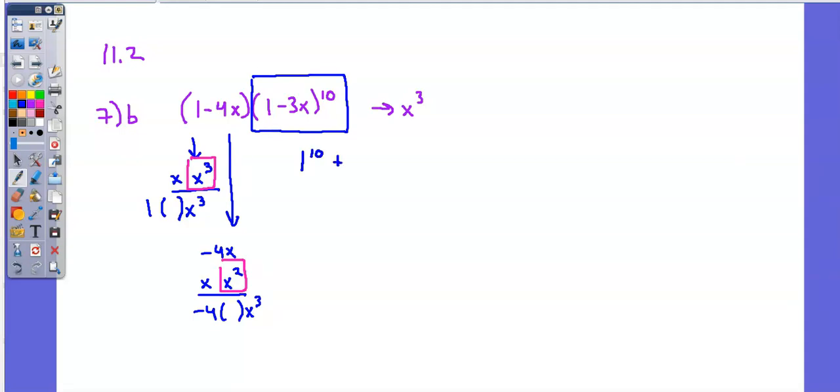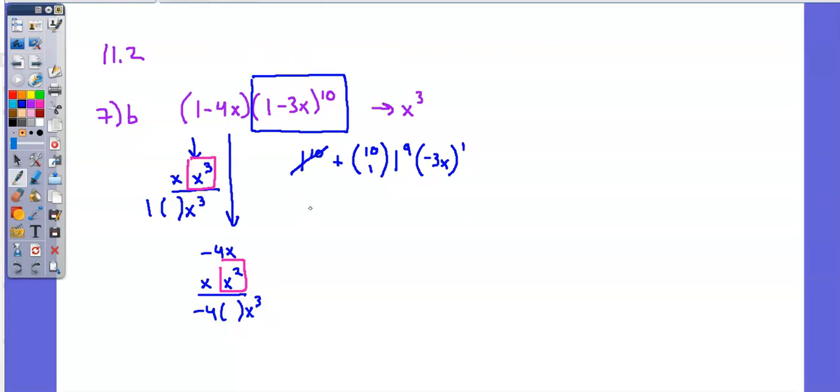Then the next term will be 10 choose 1 times 1^(10-1), which is 1^9, times (-3x)^1. Looking at these first two terms, I'm trying to find where I'm going to get an x^3 and an x^2. 1^10 isn't relevant. There's no x term there.